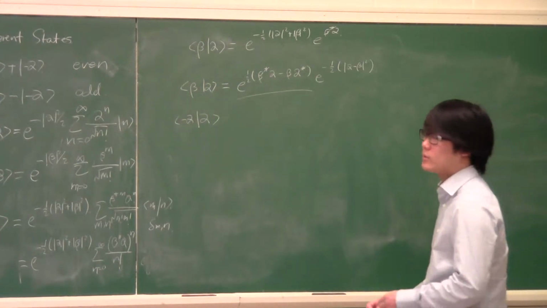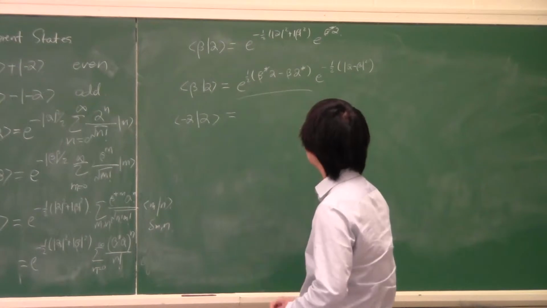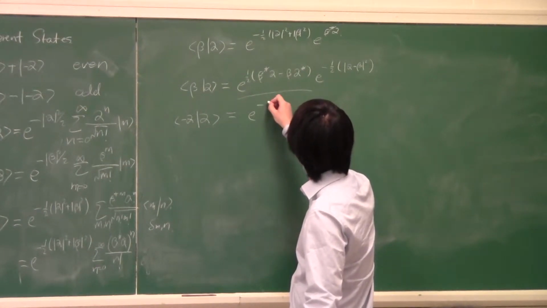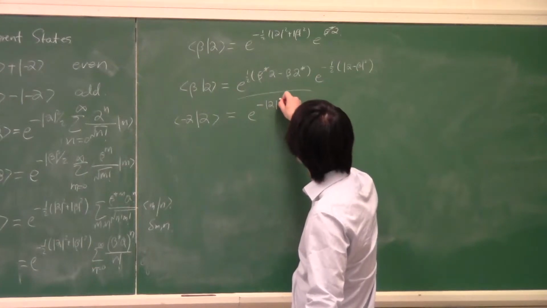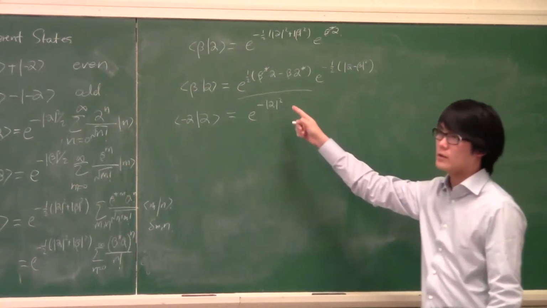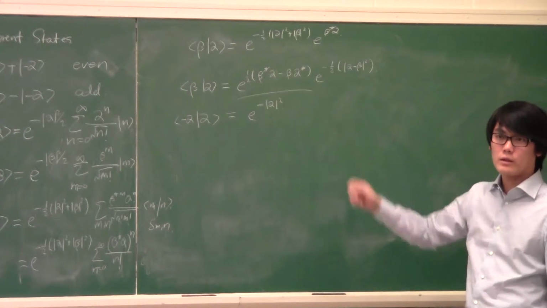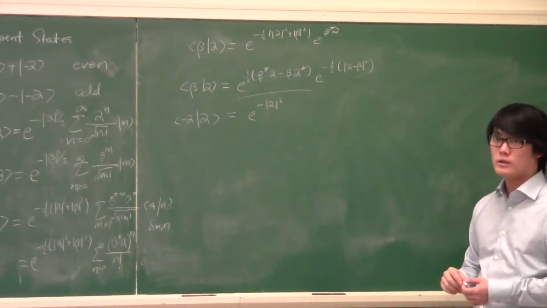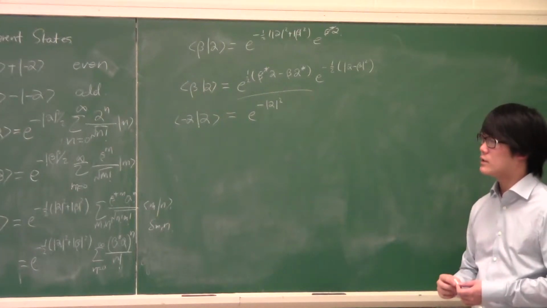So this is equal to e to the minus alpha squared. And even if alpha was not real, the phase factor would just come out to be not important in terms of normalization.